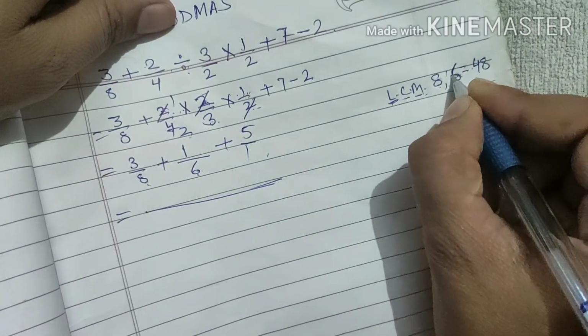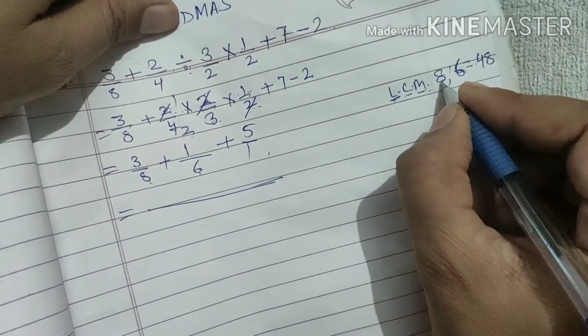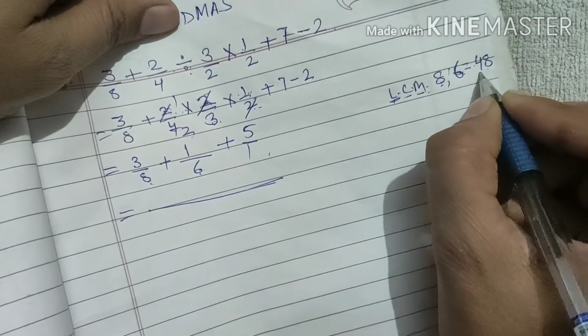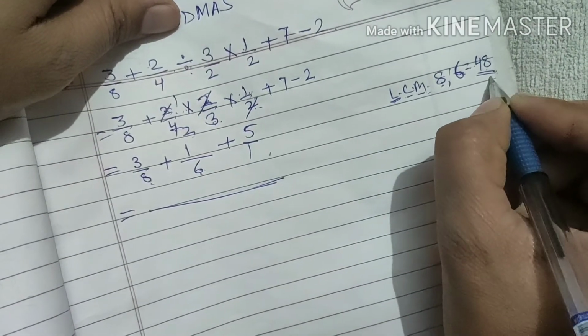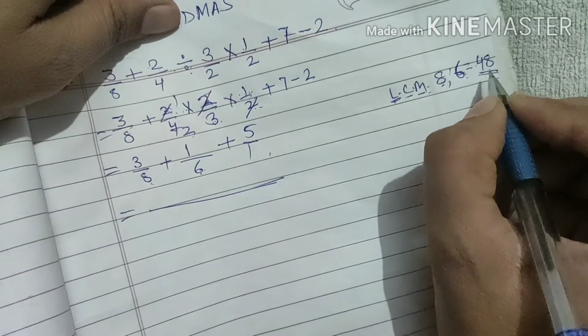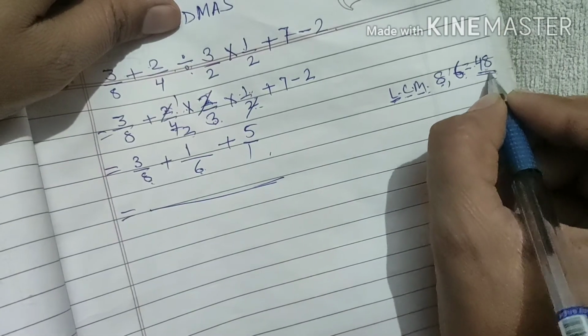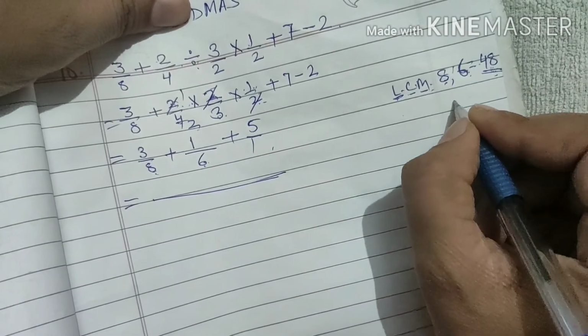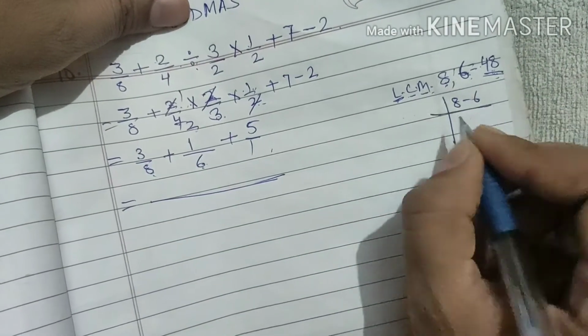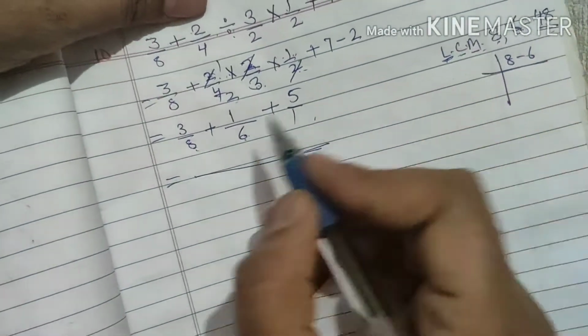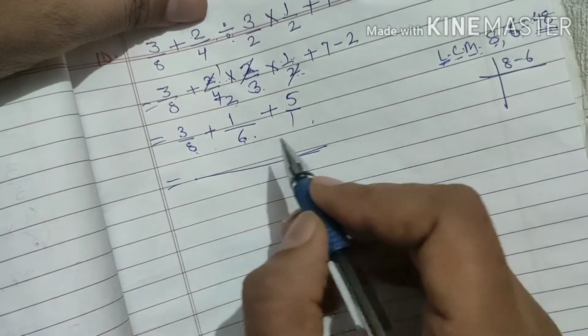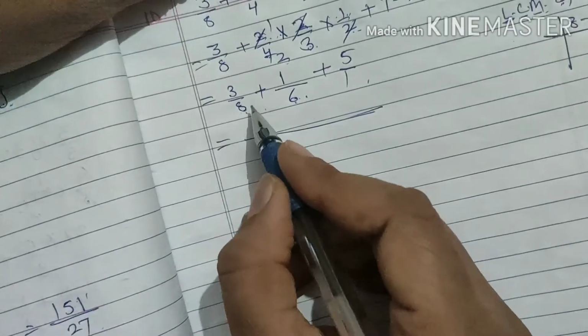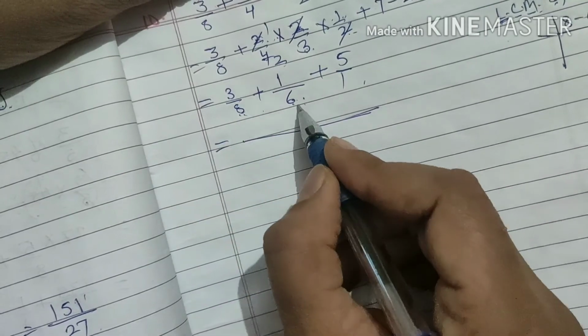It should be a multiple of both and it should be the smallest. Other than 48, is there any number that occurs in the table of 8 and 6 before this, smaller than this? If you don't know, then you can find the LCM by this method. There is another number, 24, and 24 occurs in the table of 8 and also of 6.